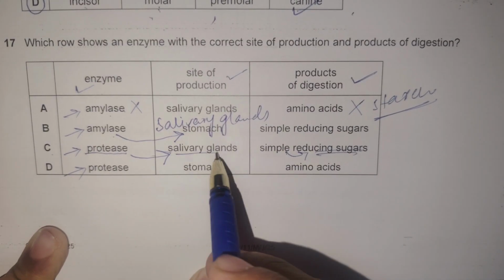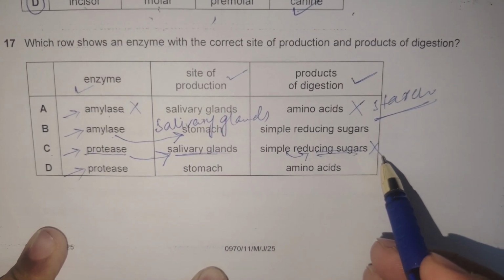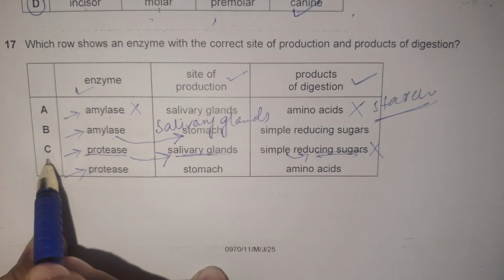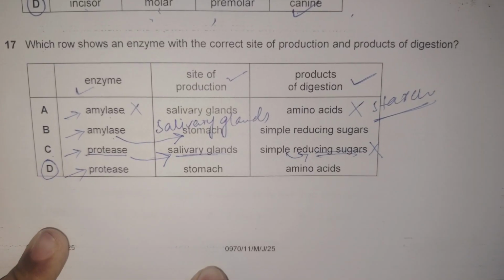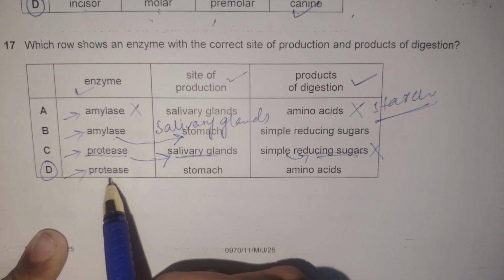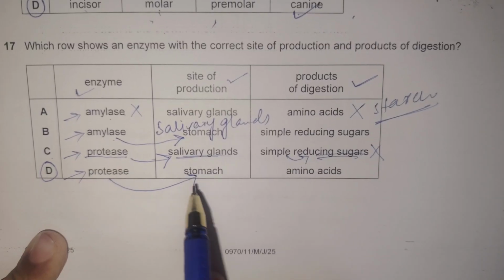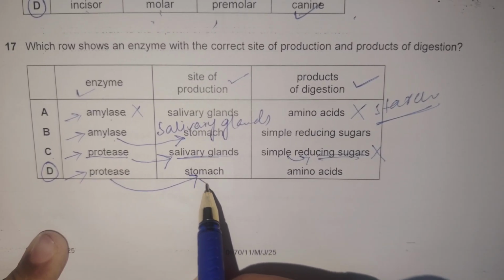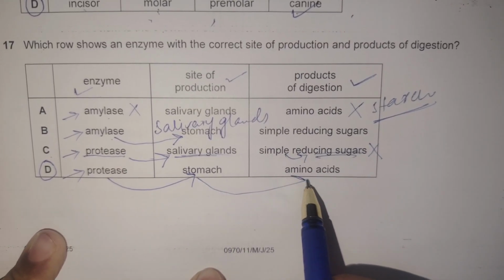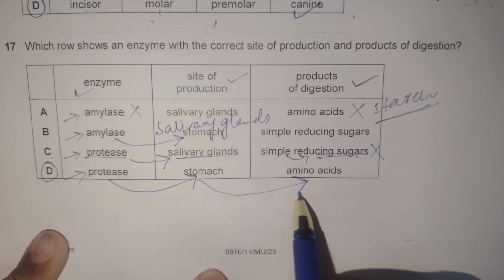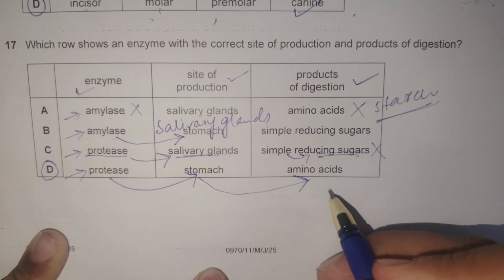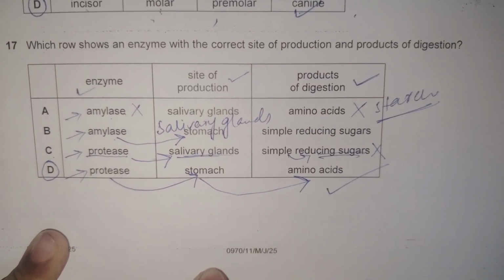So both of these options are wrong. The last option, D, this is correct answer, because protease is produced in the stomach and it breaks down proteins into amino acids. I hope you have got how to find the answer to this question.